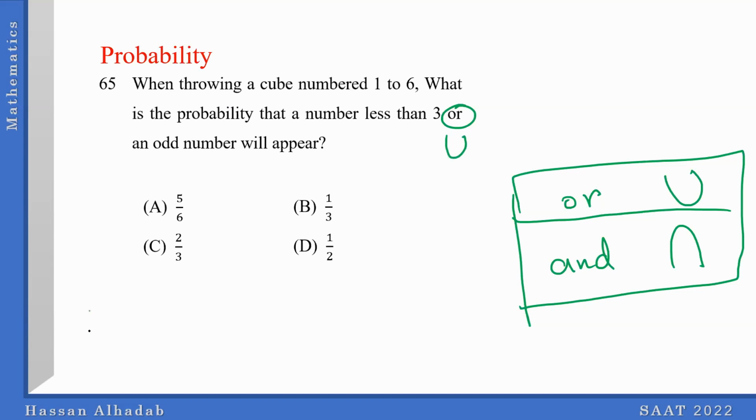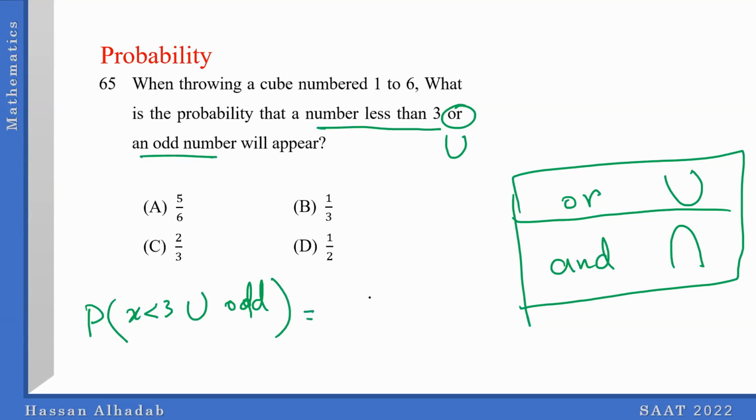So this one is going to be P of x less than 3 or odd number. Okay, so this is the problem here, asking you the probability of number less than a 3 or an odd number.